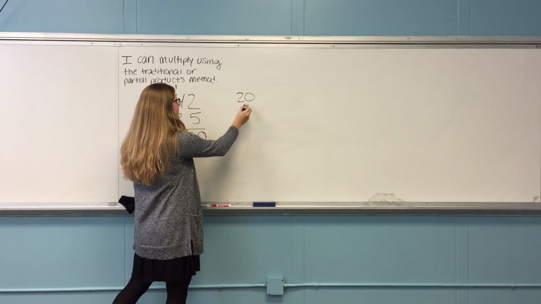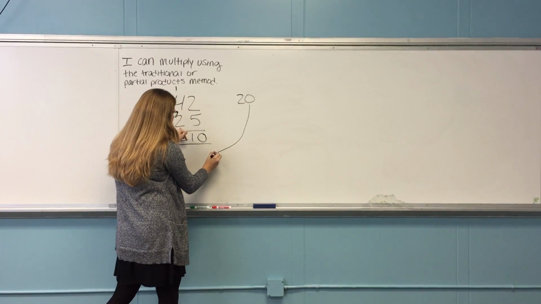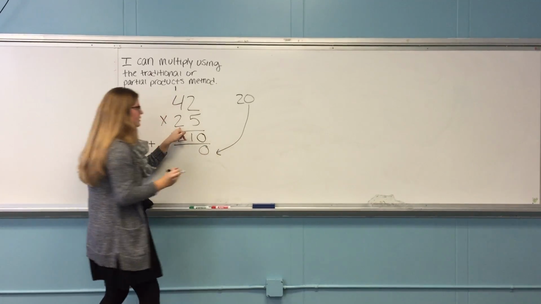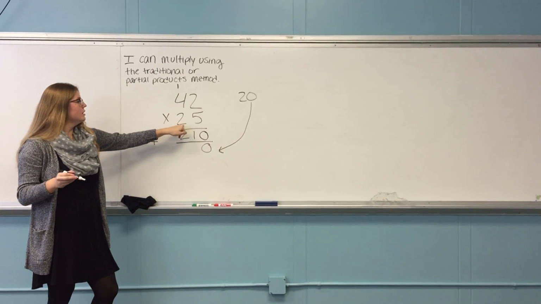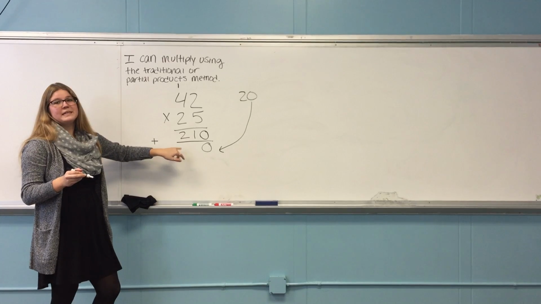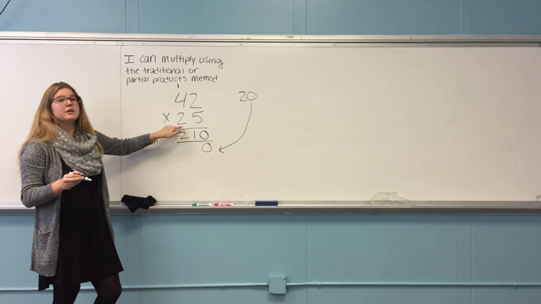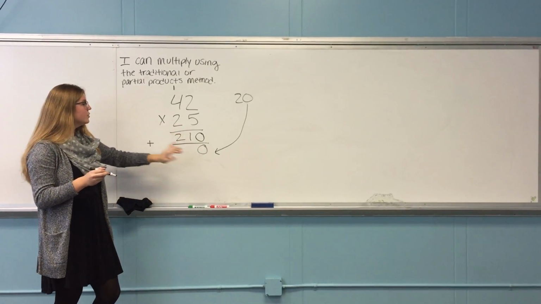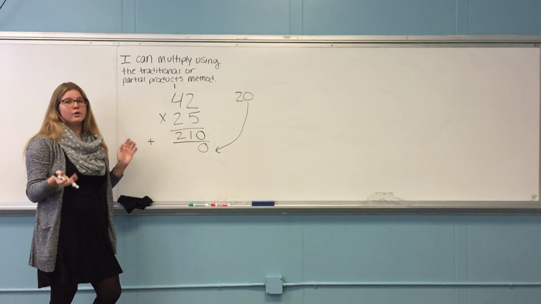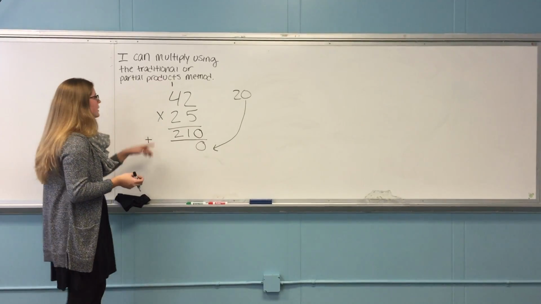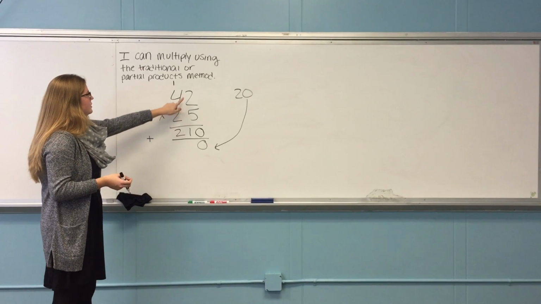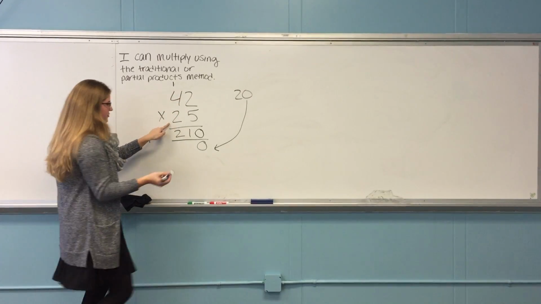So I'm going to take this 0 and I'm going to drop it down into my ones place to serve as a place value holder because our next solution is going to be 10 times bigger since we're starting in our tens place. So once I have my place value, I can go ahead and start multiplying. So I'm going to start here with the 2, and 2 times 2 is 4.